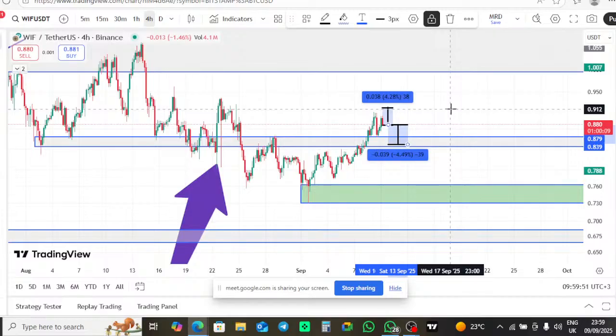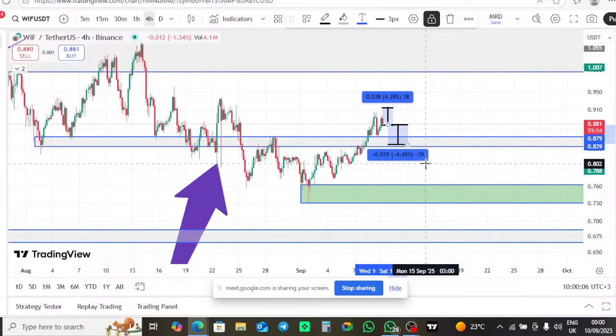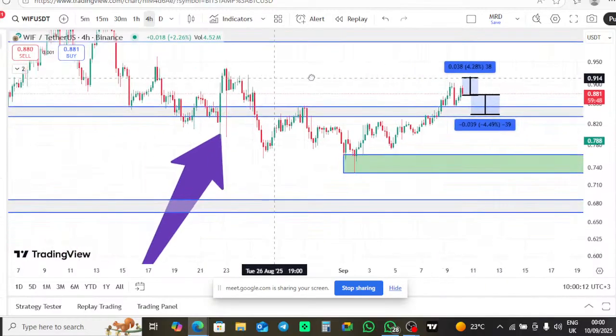Make sure the rejection must be at the support level or resistance level. I repeat this. Rejection must be at the support level or the resistance level. Don't find it anywhere and you trade. There are many. You can see them.